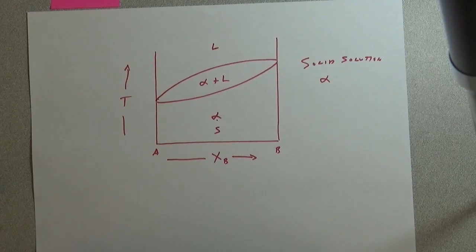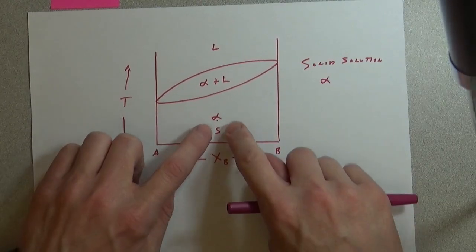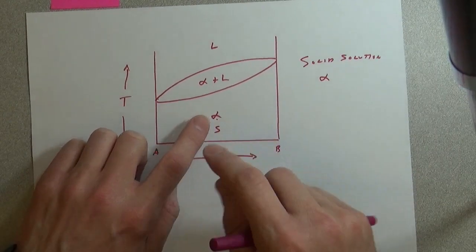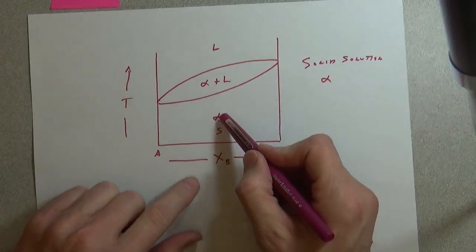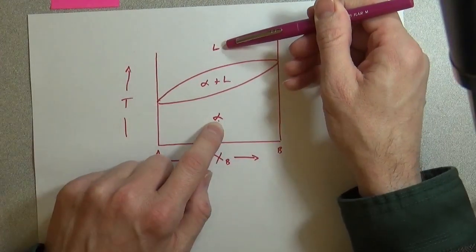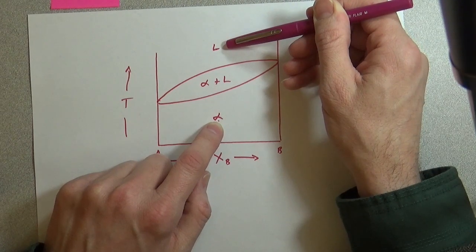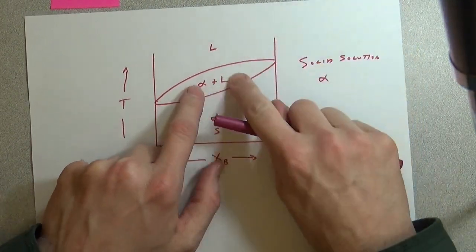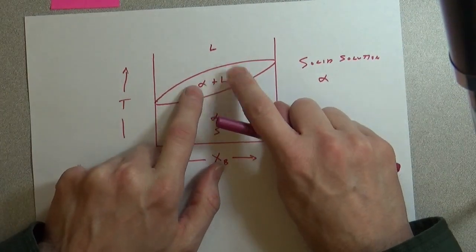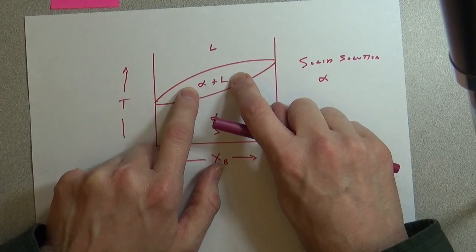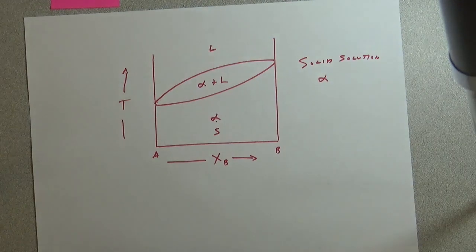If you have a region of space with a single phase and another region of space with a single phase, in order for these two to come together, there must be a region between them that has the two phases. This is just universally true for binary phase diagrams.